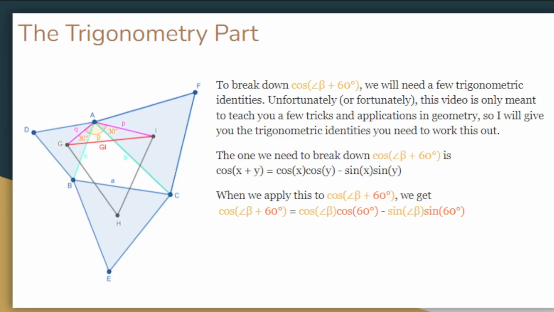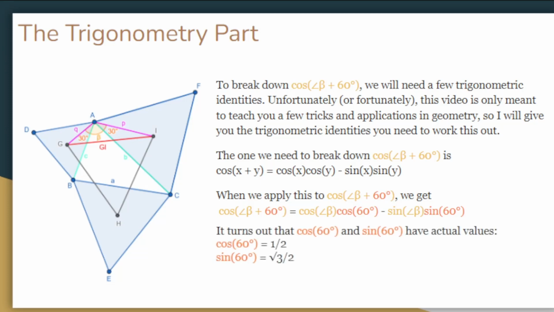When we apply this to the cosine of angle beta plus 60 degrees, we get that it equals the cosine of beta times the cosine of 60 degrees minus the sine of beta times the sine of 60 degrees. It turns out that the cosine of 60 degrees and the sine of 60 degrees have actual values, so we can substitute those in to get our final equation, which is the cosine of beta over 2 minus the square root of 3 over 2 times the sine of beta.